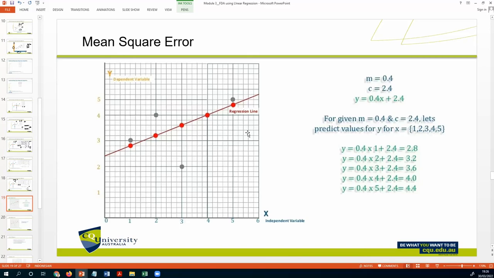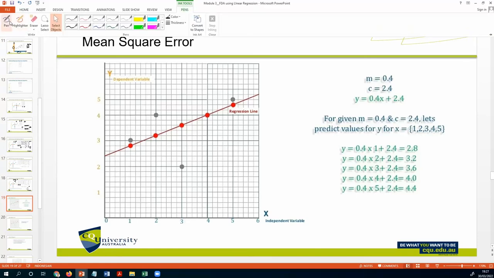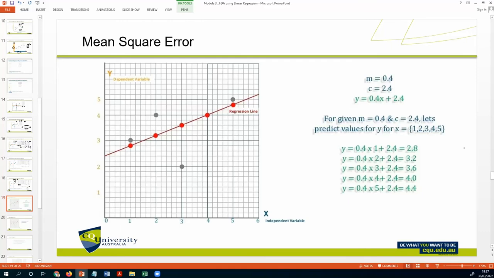So when we identify the model, we can use the model on the testing data. This is the model. Given the X is 1, 2, 3, 4, and 5, the result of Y is 2.8, 3.2, 3.6, 4.4. Just like what I did in Excel.